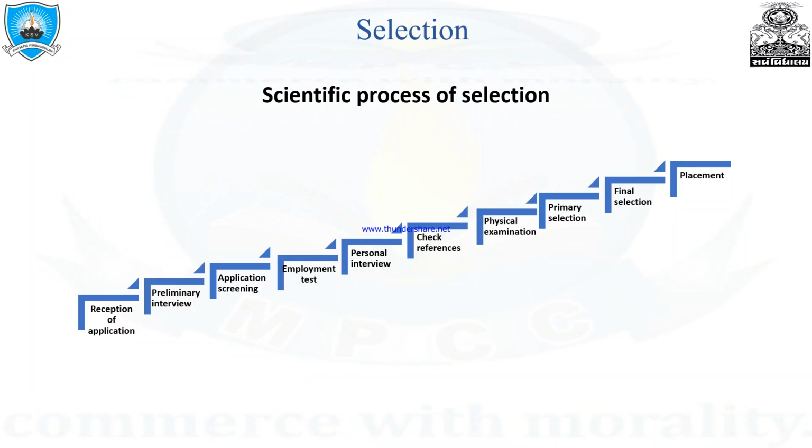Then, after that, step number 4, employment test. Most companies use the employment test for the scientific selection of a worker. Most probably when an organization requires employees of middle level or top level management, they use this step.